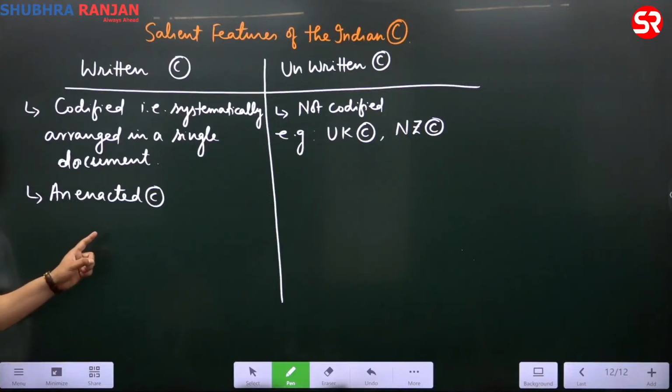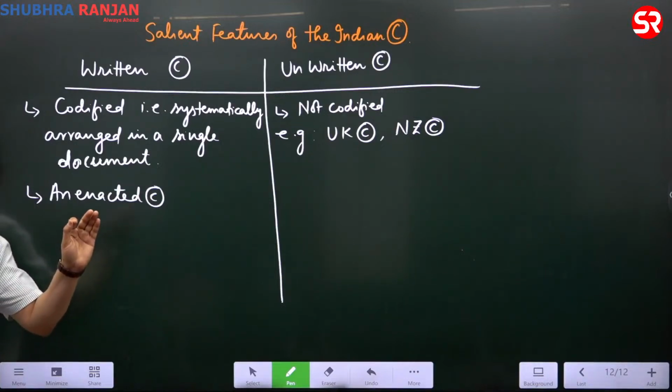What is an enacted constitution? A group of people sat down together and then they wrote the constitution, they enacted the constitution, and then they said that okay, this is the Constitution of India.